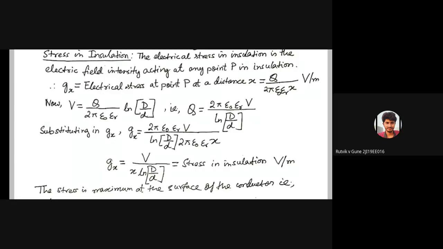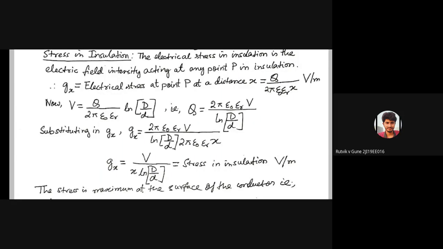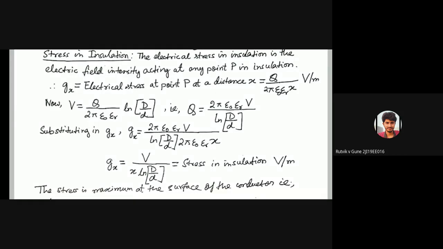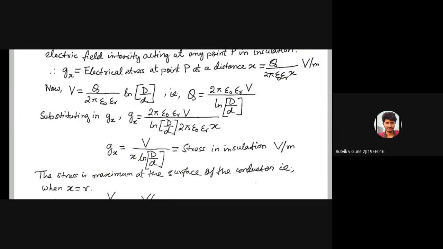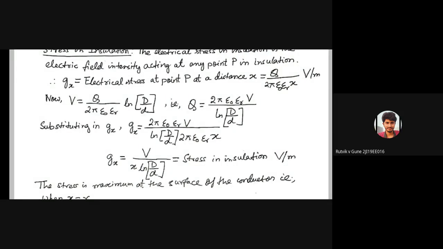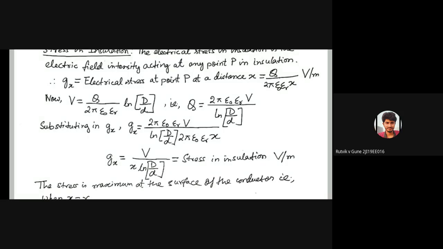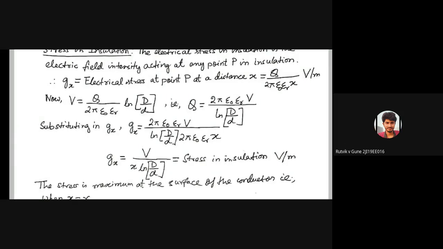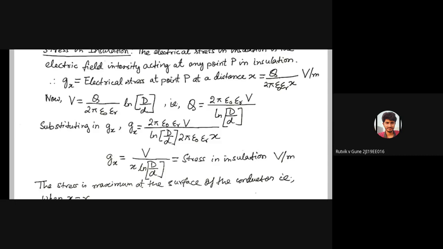Now substituting Gx, Gx becomes V divided by x ln D by d. That you just got from the V portion only. You have got V, you have got q. Now as you have got V and q, you will get Gx.